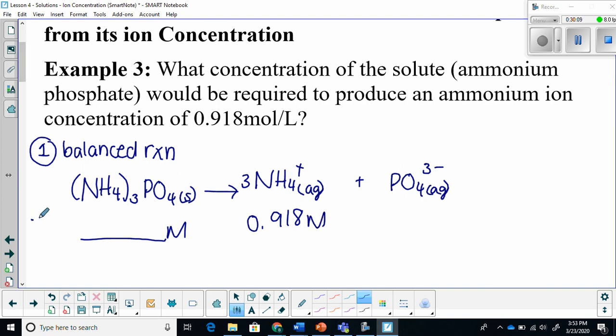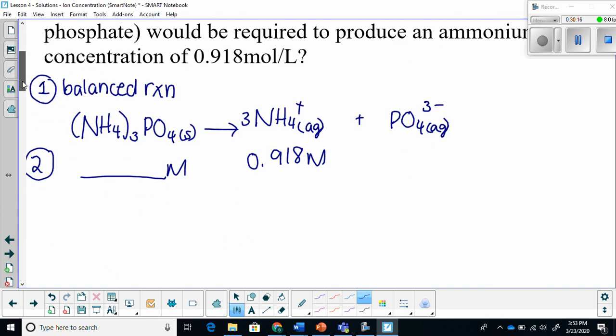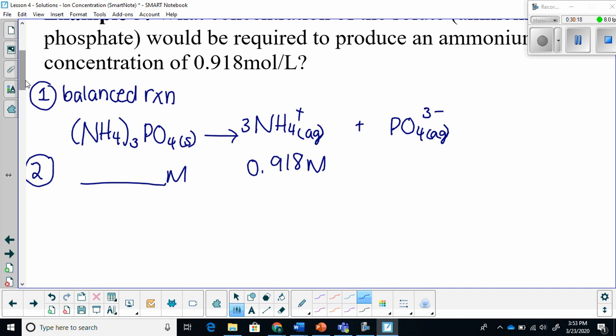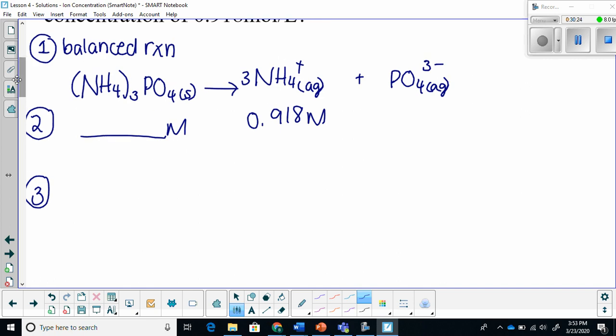Okay, so that's step 2. You label your unknown and your known. Again, it doesn't matter. Any one in this reaction can be considered the known or the unknown. Lastly, you're going to use your stoich statement or your molar ratio statement to calculate the unknown.